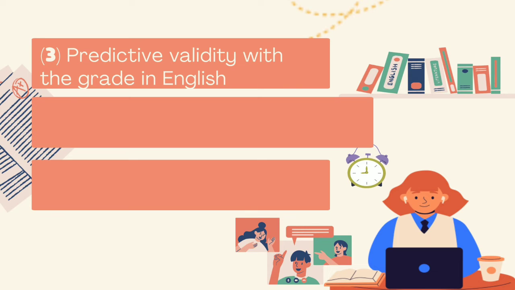In conclusion, a test with high predictive validity accurately predicts a student's future performance in an English class based on their initial assessment score. A low predictive validity suggests that the test is not a reliable measure for predicting future performance.